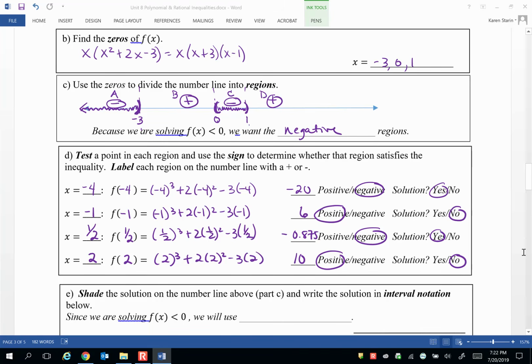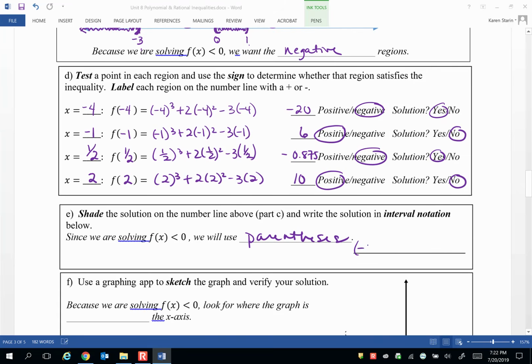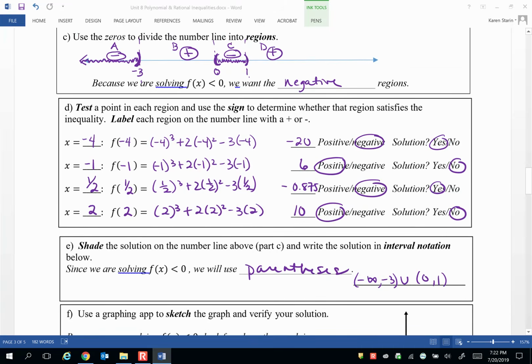So I can write my solution. We're using parentheses as negative infinity to negative 3 union 0 to 1. Let me get that graph showing again if I can. There we go. So that's an interval notation, just read directly from the graph.